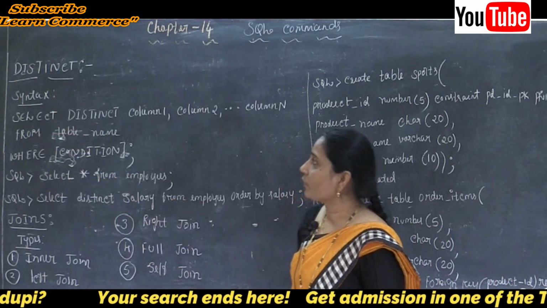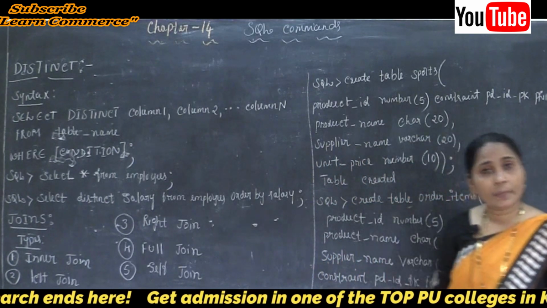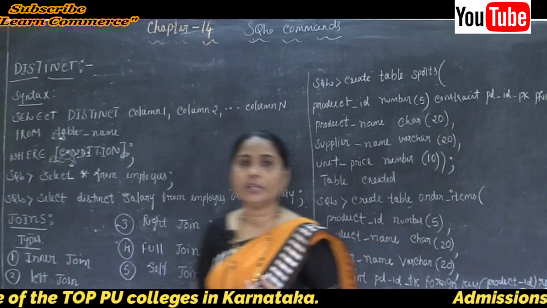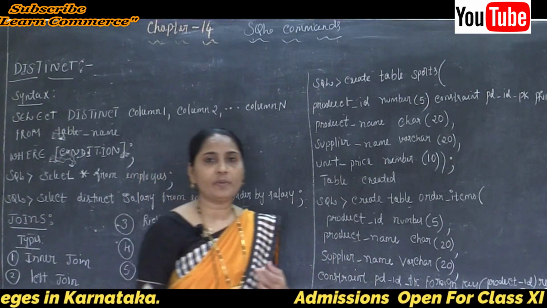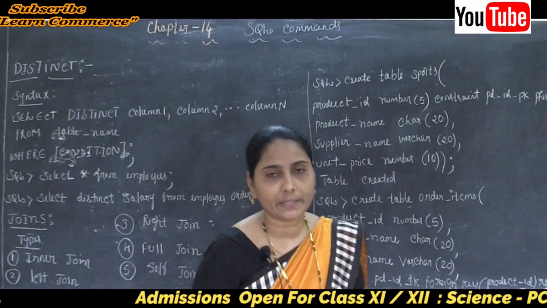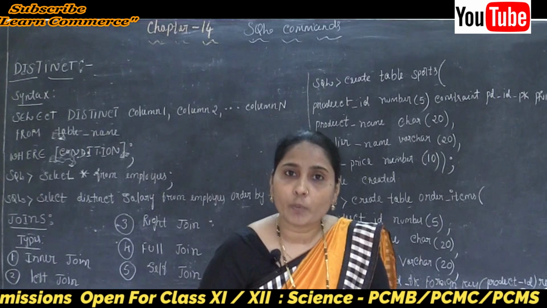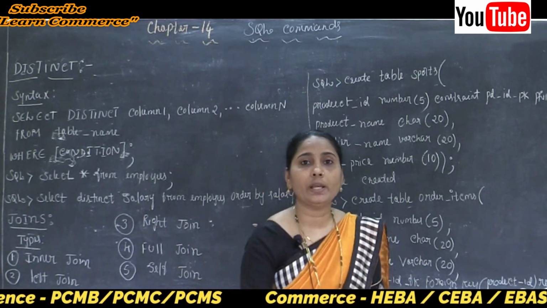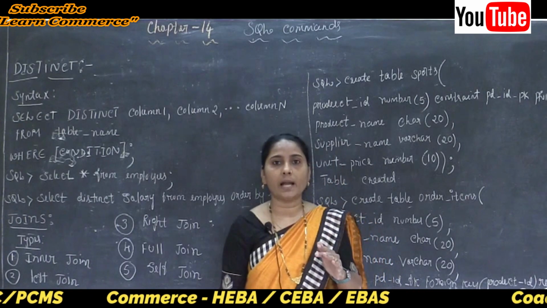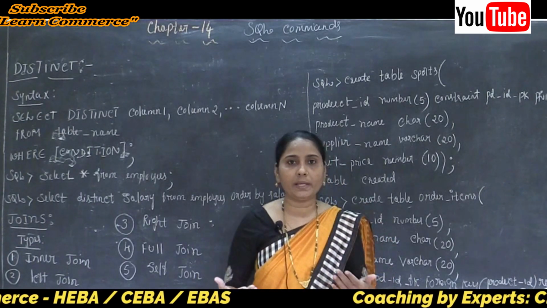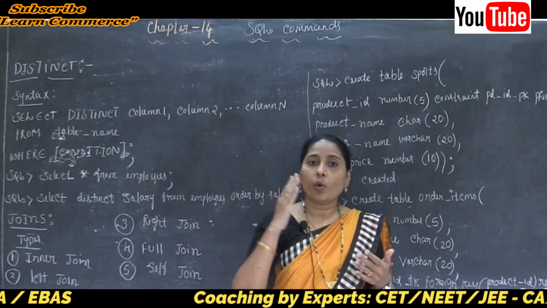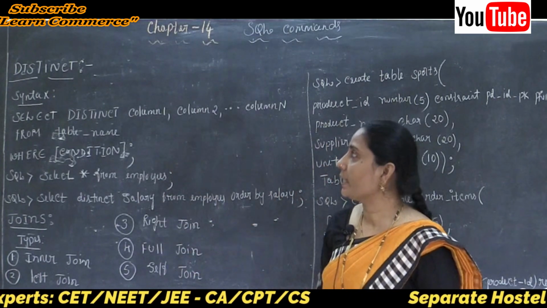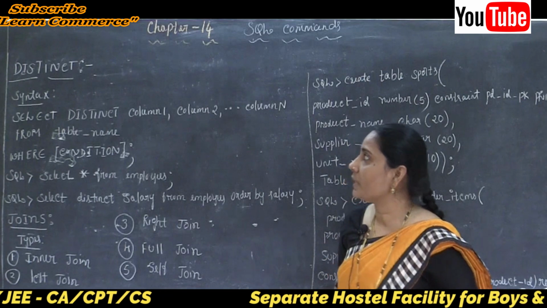And what is the use of DISTINCT? To eliminate all the duplicate records and access only the unique records. Maybe if a record is repeated many times and you want to remove such records, or access a record with multiple duplicates only one time, by using the DISTINCT keyword we can perform this task.